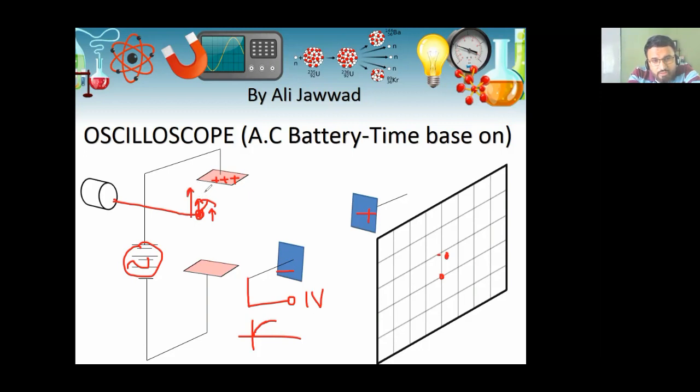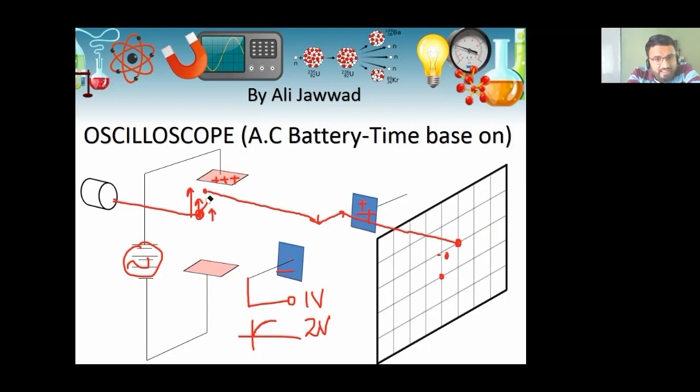So the third electron will be attracted by more amount, and upon reaching the horizontal plates, since the time has passed, it will experience a voltage of 2 volts on the horizontal plates. And due to this, it will bend by more amount towards the plate, and when it continues its path, it will hit the screen over here.